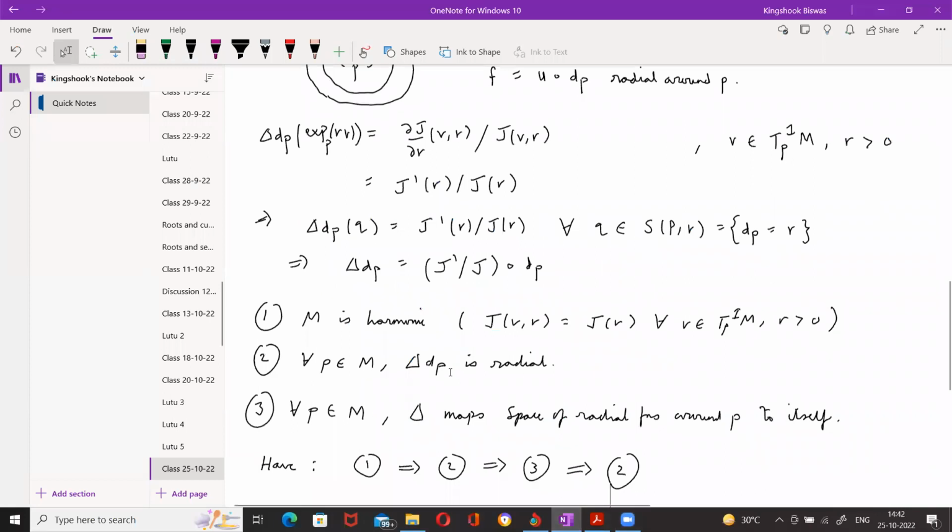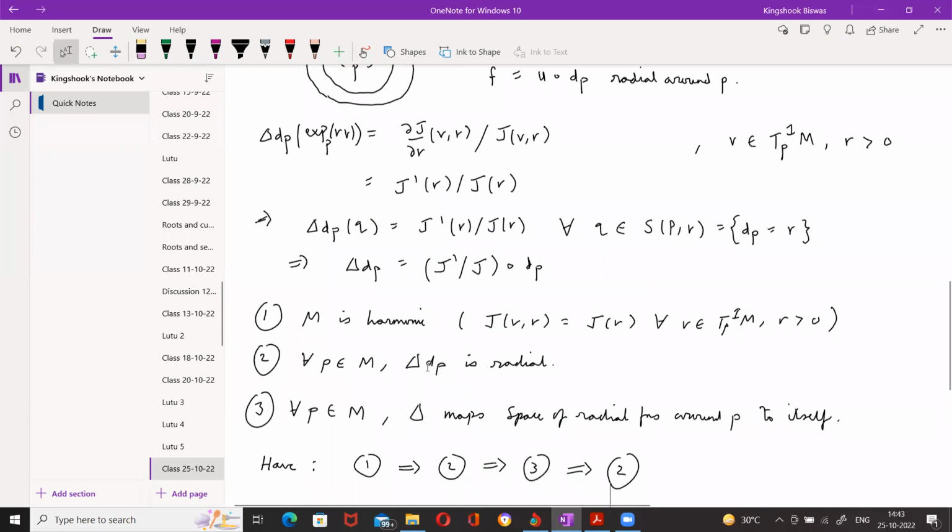Right. So M harmonic implies the Laplacian of the distance function is radial. And the Laplacian of the distance function being radial implies that radial functions around p map to themselves. And thirdly, radial functions mapping to radial functions will imply that the Laplacian of the distance function is radial.